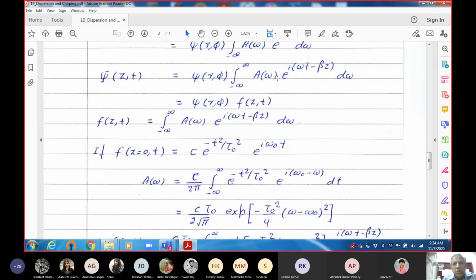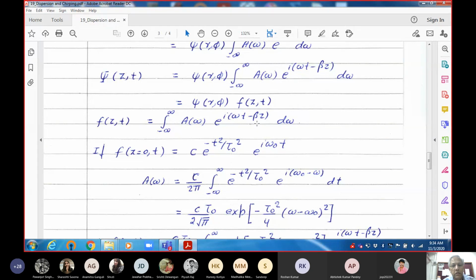So the bandwidth is extremely small in terms of nanometers or something like that, and over that region there is almost no change in the field pattern, right? So the output field would be like this. My input pulse, which was given by f of t, now becomes f_z of t at a later distance z, and f_z of t is nothing but this. So this is the rigorous approach, and there is no approximation here.